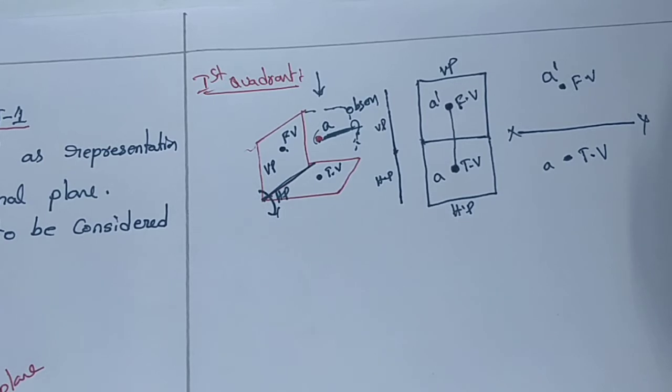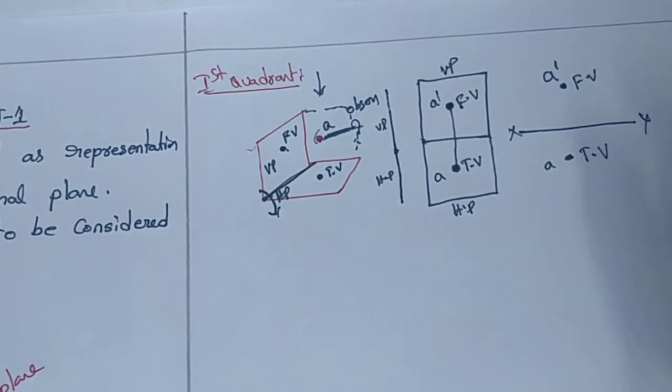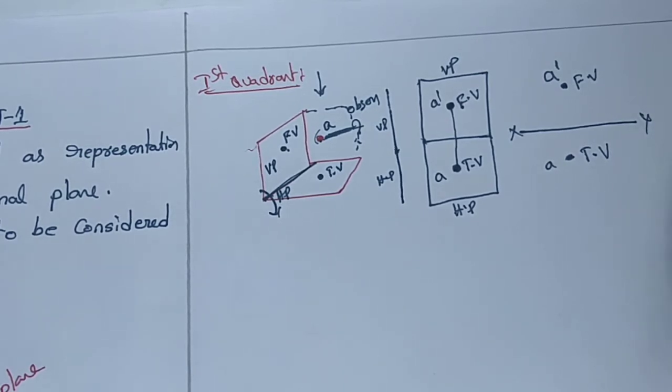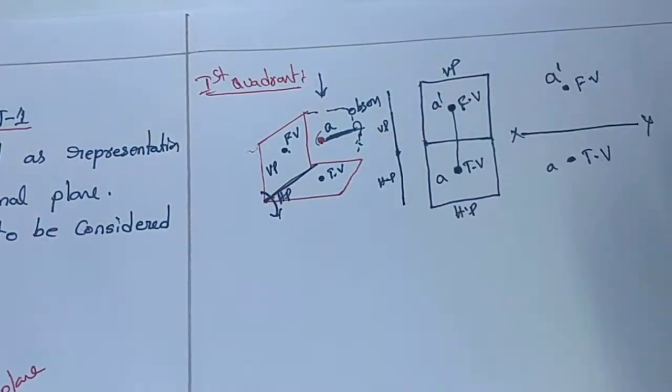The front view has a prime, the top view has no prime, and side views, either left or right side, are denoted by a double dash. Like this we need to draw the plane.